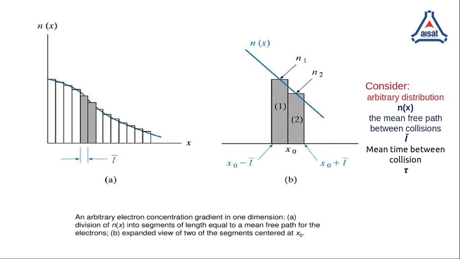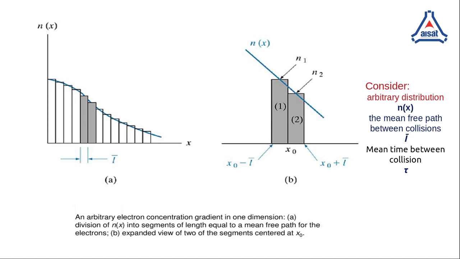Now, in order to analyze the important aspects of diffusion, we will consider a one-dimension gradient. We are just plotting a gradient. The blue curve is the arbitrary electron concentration gradient in one dimension.